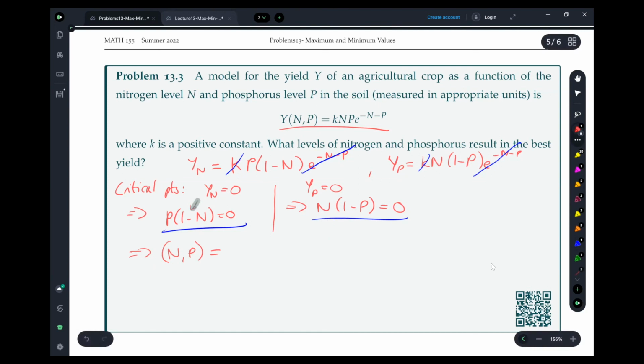So, for example, this first equation tells me that p must equal 0 or n must equal 1. If we take the case where p is equal to 0 and substitute it here, then we're going to have 1 minus 0 in the brackets. So that's 1. That tells me that n... have I got this around the wrong way? Let me just check.